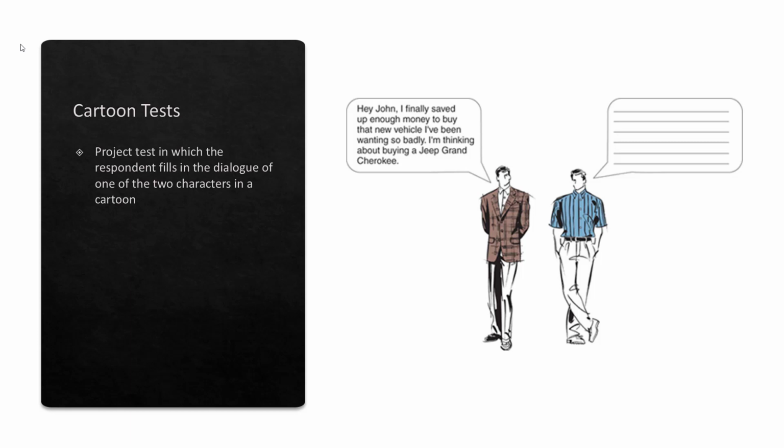I'm thinking about buying a Jeep Grand Cherokee now. You look at the scenario and respond, why would you buy a Grand Cherokee? You can buy some other brand, like Tesla, for example. Why Jeep? And you can keep the dialogue going, and it's similar to a story completion kind of test.